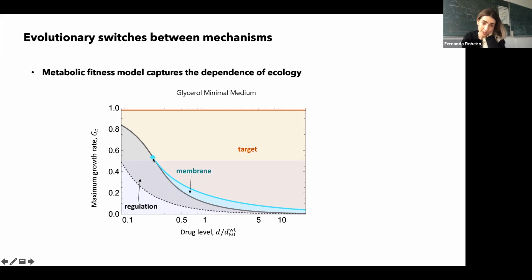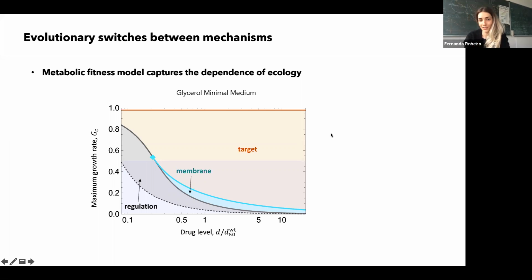But the funny thing, which is interesting, is that the whole regime of membrane mutations goes below our detection threshold. So we wouldn't expect to see this type of mutants in the experiment. Instead, what we would expect from the theory would be to see target mutations already appearing at concentrations of drug that were much lower than where they were appearing before.